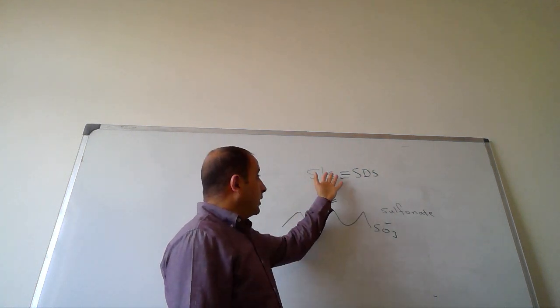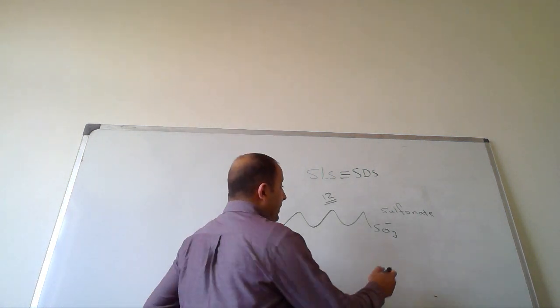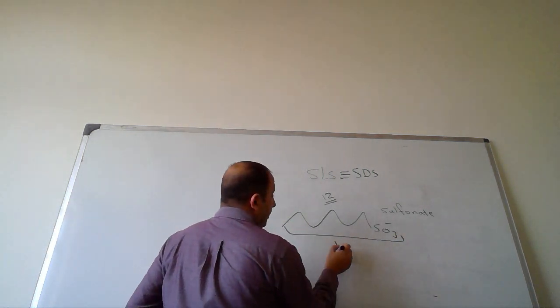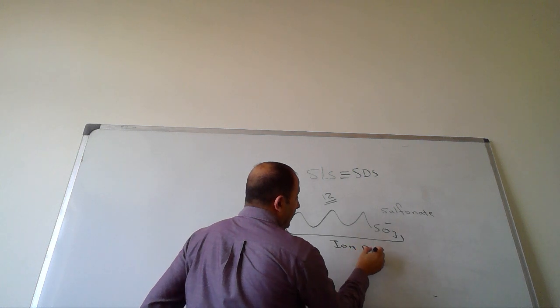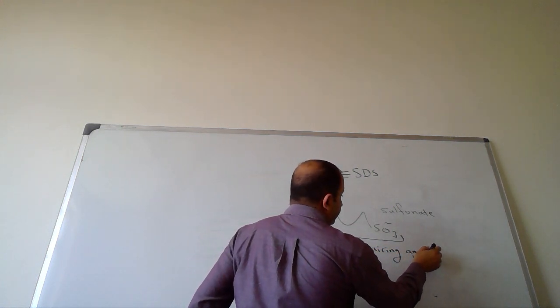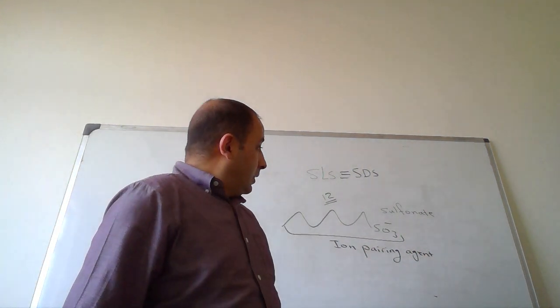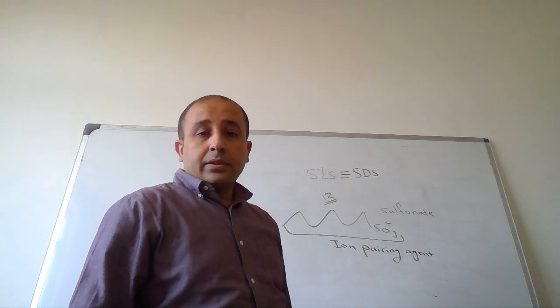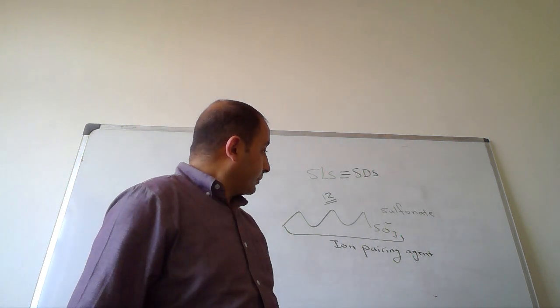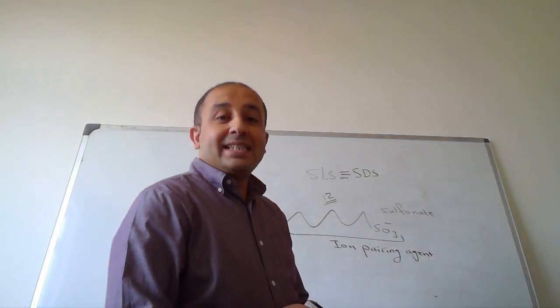That's why we obtain SLS. Now, this is an ion pairing agent. As you know, it is a surfactant. It has surfactant properties, so the ion pairing agent can react with basic analytes.